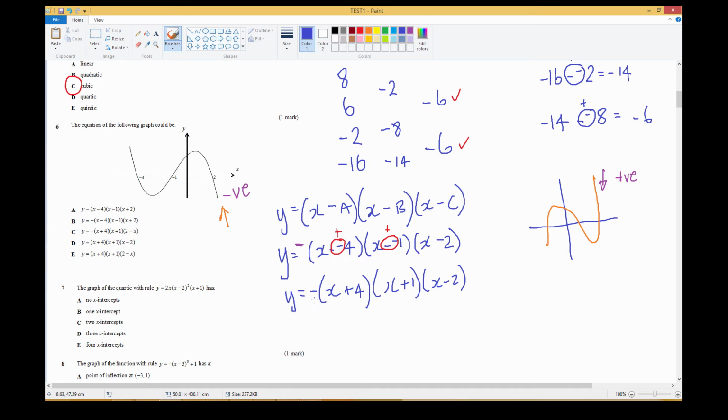Now, because of the negative sign here, you can see one of the responses. Now, it's not this one, not response A. It is not response B. It could be response C because we got x plus 4, x plus 1. It could be D because it's x plus 4 and x plus 1 and x minus 1.